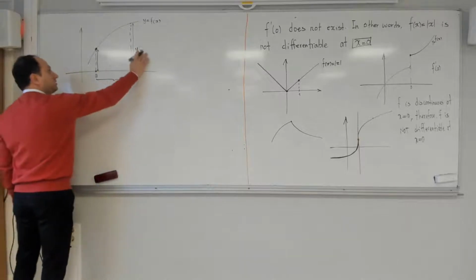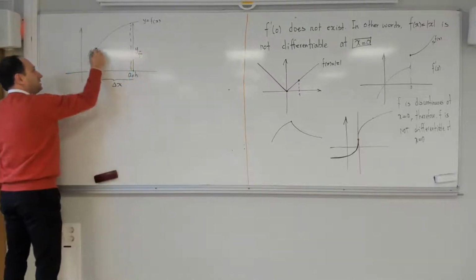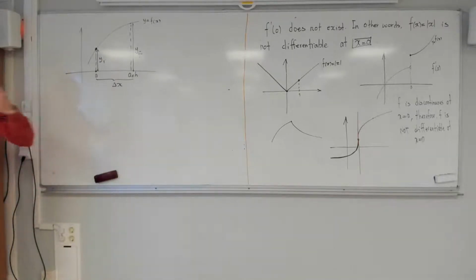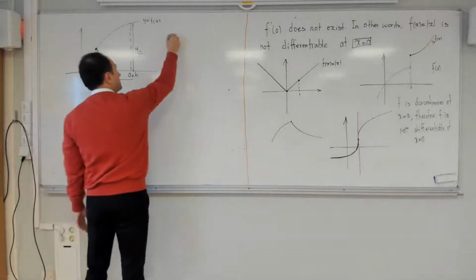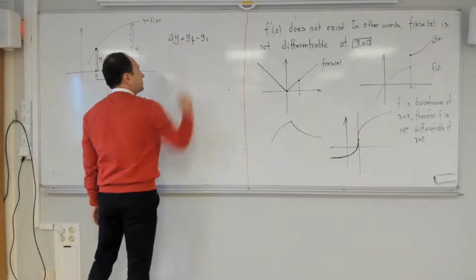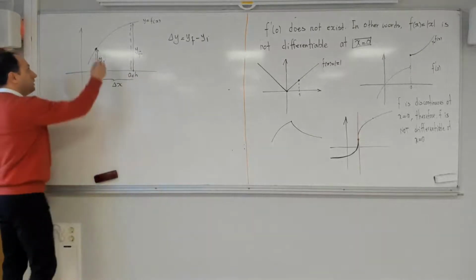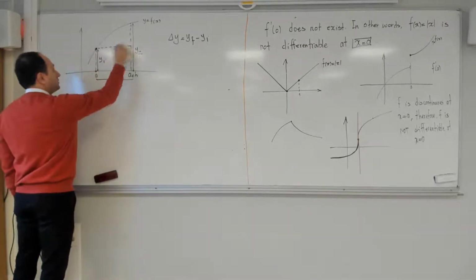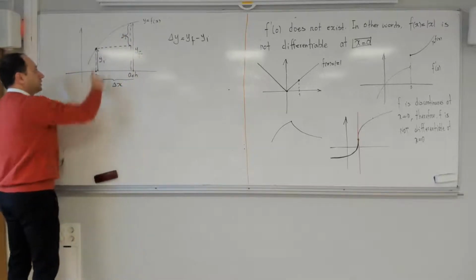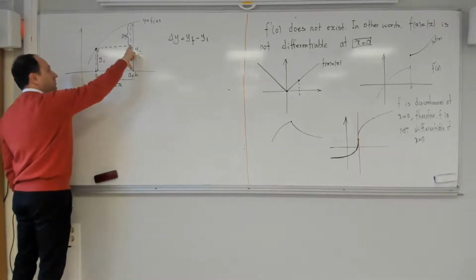This is y final, and this is y initial. So if I ask you how much is the change in y, delta y, what should I write? It is y final minus y initial. Yes? And if I want to measure it in the picture, this is exactly delta y. Do you agree? Because this is y initial, so this is also y initial.